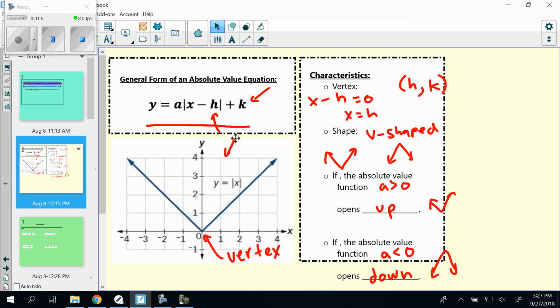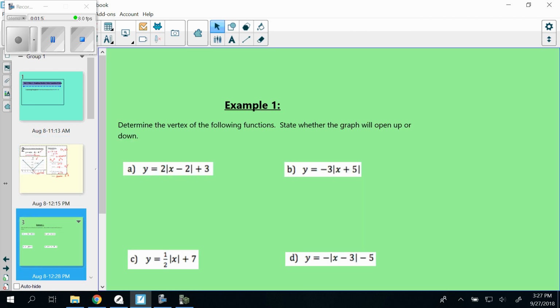Okay, so let's look at some of these here. For each one, we're going to try to determine if this opens up or opens down, and also where the vertex is. So when you want to figure out if it opens up or opens down, look in front. Is it positive or negative? This one is positive, so this one's going to open up. It's going to look like this.